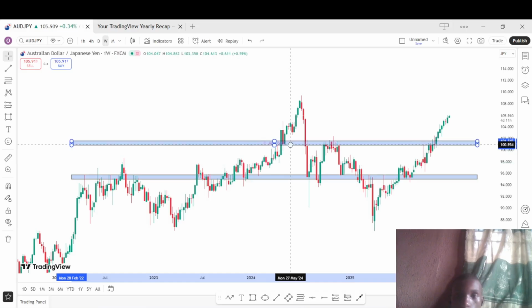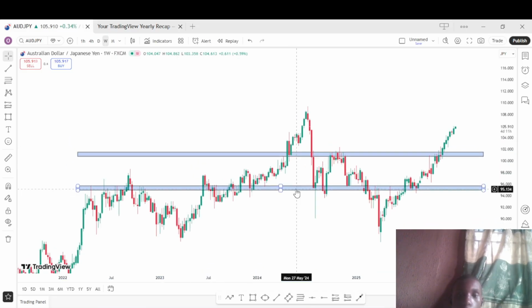Okay, yes. So this point is a very strong liquidity level because the market came and reacted so much at this point.